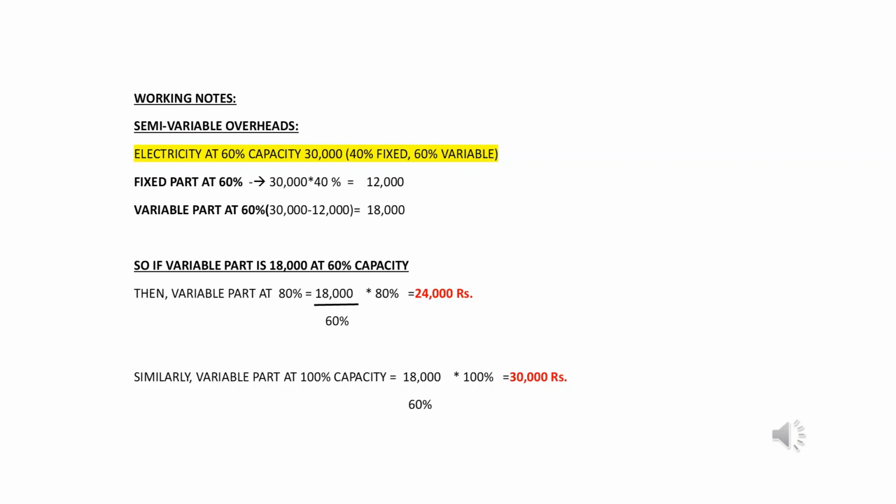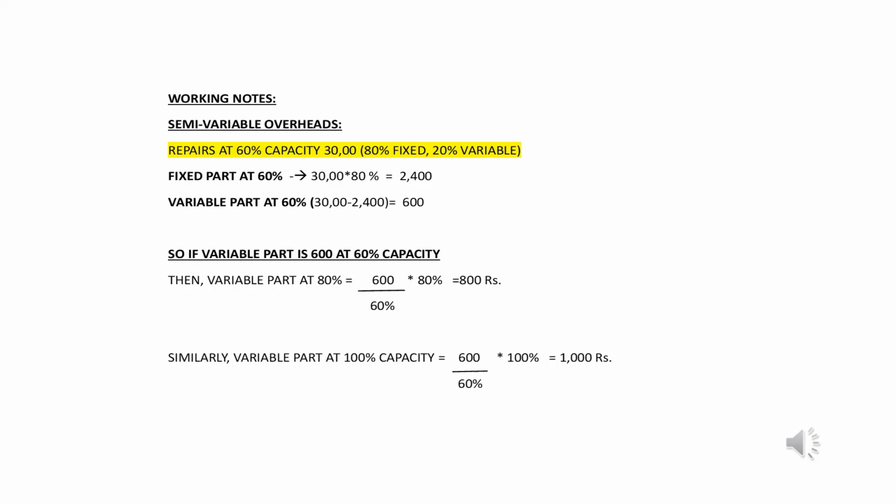In the same way, we can calculate the variable part at 100% capacity also, because we know at 60% capacity variable part was 18,000, so at 100% it will be 18,000 by 60% into 100%, that means it will come to 30,000 rupees. And the fixed part will remain same here also, as it was at 60% and 80% capacity, and the amount for fixed part was 12,000 rupees.